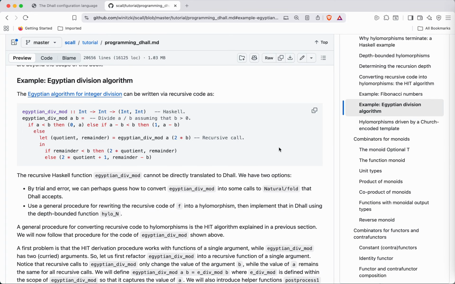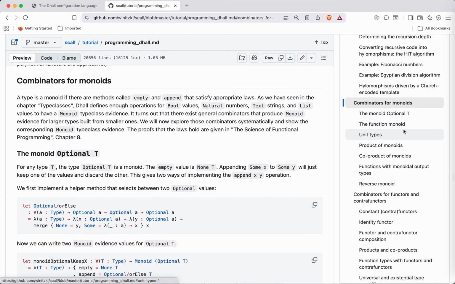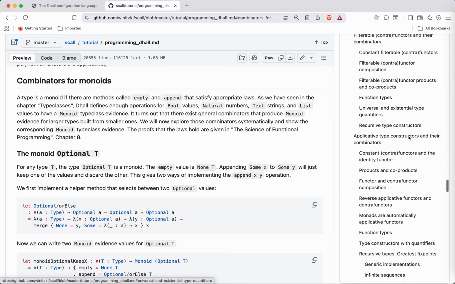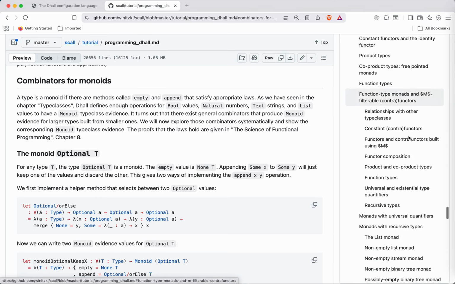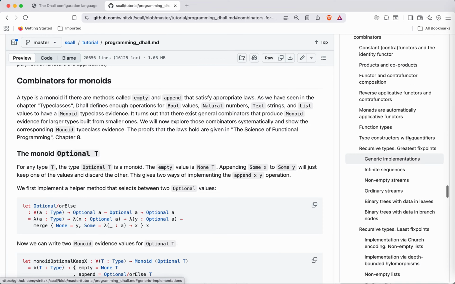At this point the book goes into a large amount of examples that implement combinators for type classes.